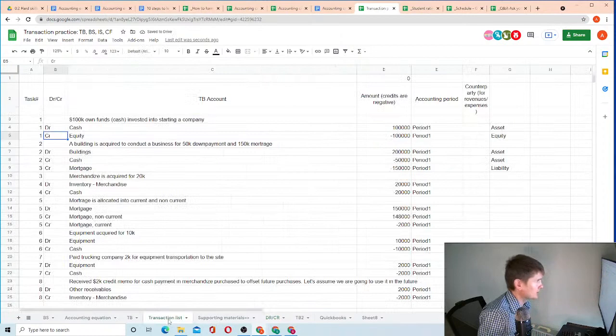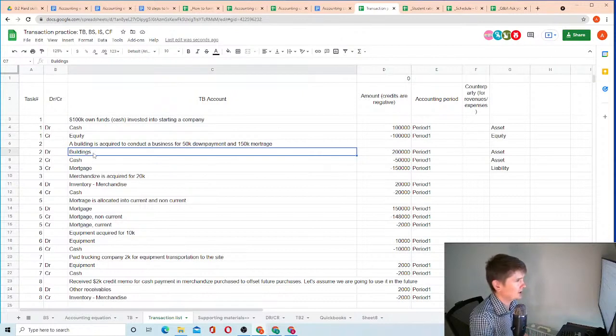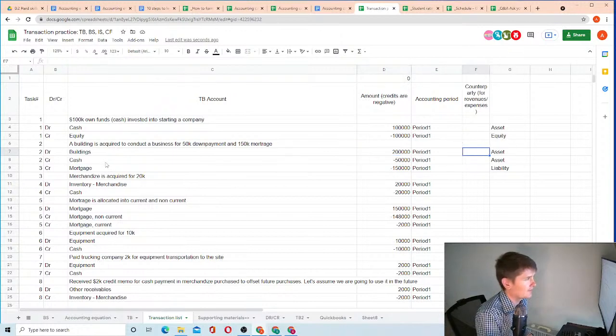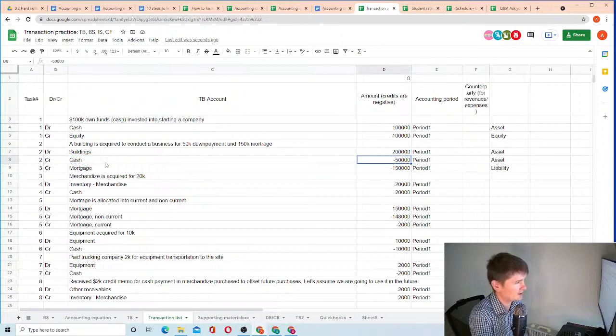Okay, so if we go to our transaction list, second transaction, we can see, okay, building is an asset, and building increased in value. Then we need to debit the building. And then we go to cash. We paid 50,000 cash.